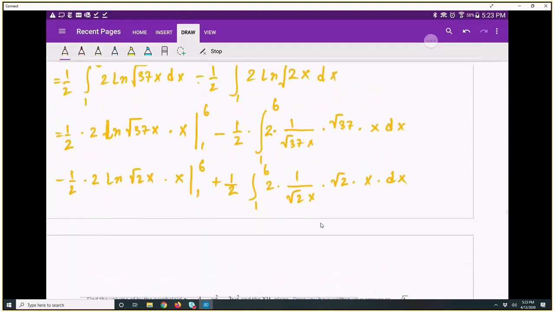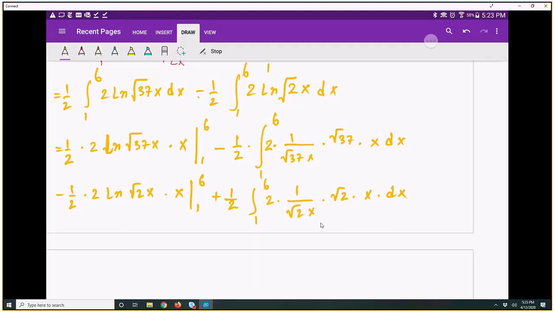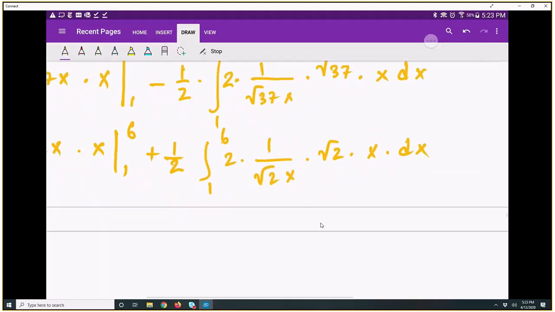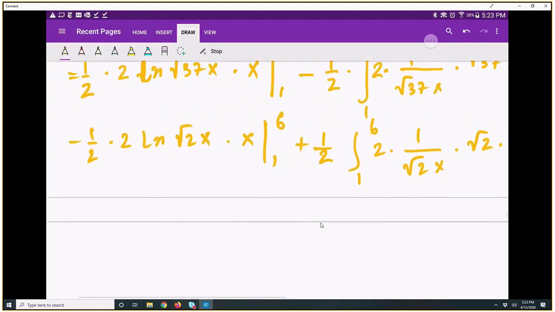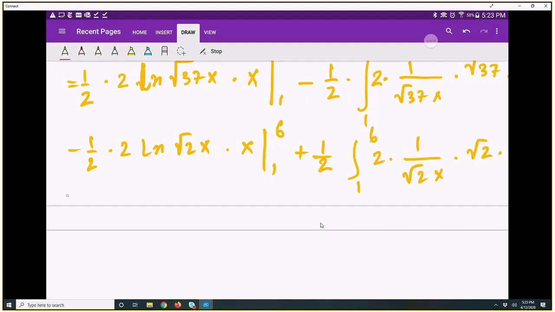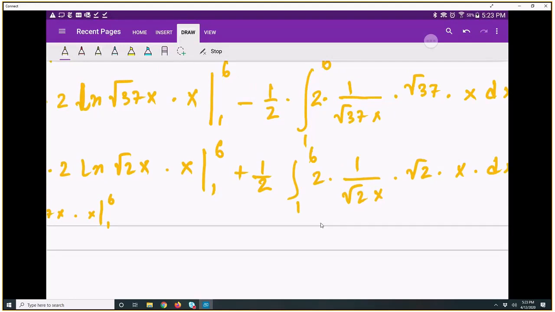So we will simplify this expression now. And let's see what we get. So the 1/2 and the 2, they will cancel each other, and I will get natural log of square root of 37x times x between 1 and 6. When I'm doing the second part in the integration, I will cancel the square root of 37 with the square root of 37. The x can be cancelled as well, so I just have negative 1/2 times 2, which is 1.